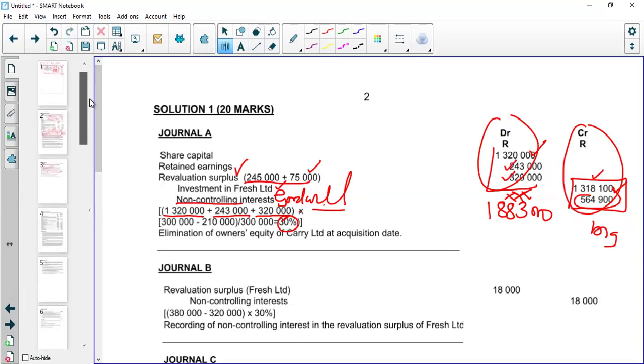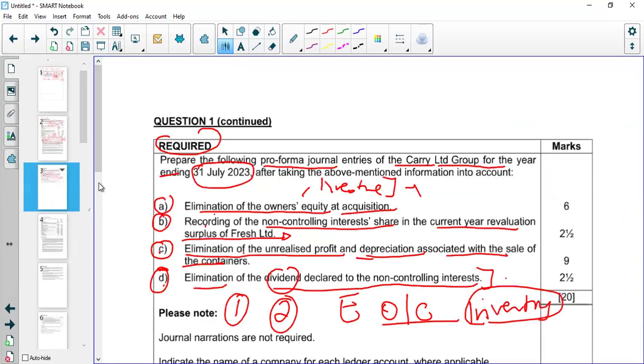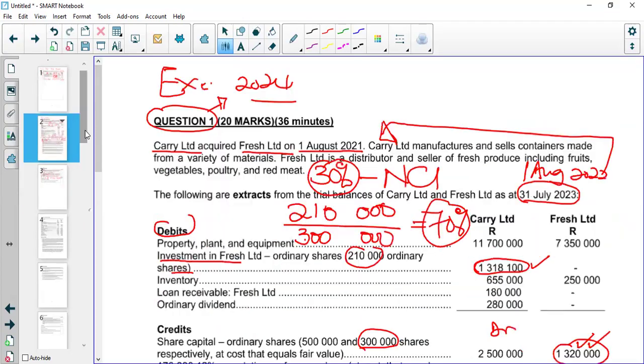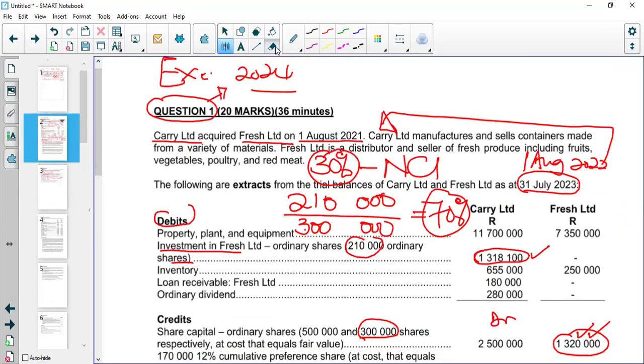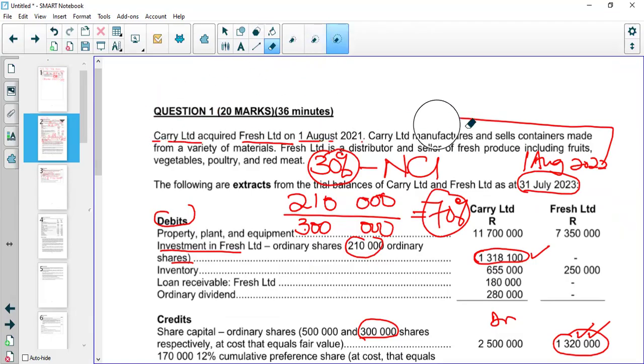Then the next journal entry has to do with the non-controlling interest share of the current year revaluation surplus. Right? So for us to be able to understand the current year revaluation surplus, we need to be able to follow the revaluation history, what was happening in the revaluation.